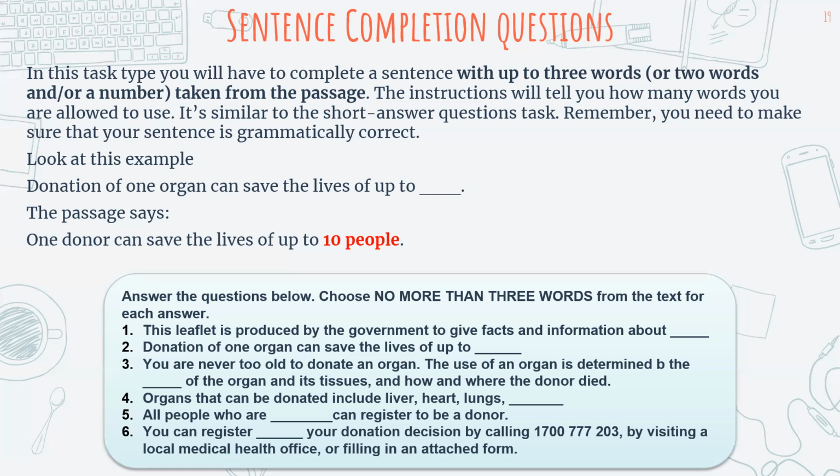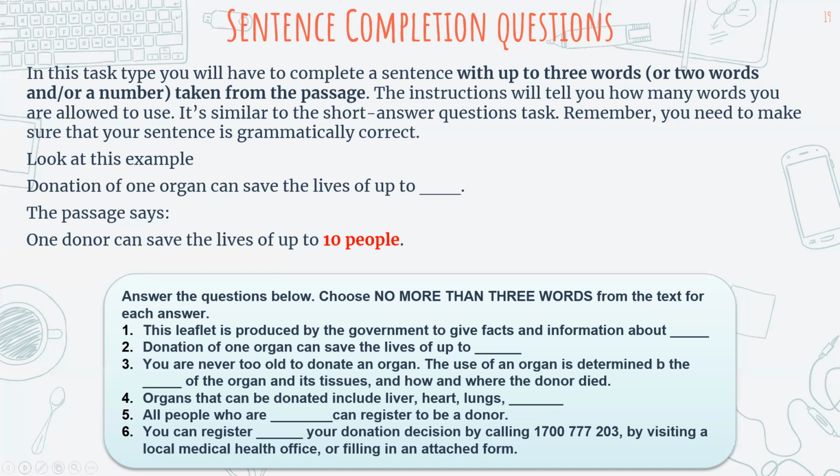Okay, and so on. Can you use a noun? And so on. So you have to check your grammar. The question would look like this one. Answer the questions below. Choose no more than 3 words from the text for each answer. So you will choose no more than 3 words. So the answer could be 1 word, 2 words, or 3 words. And you have to choose from the text. Okay.